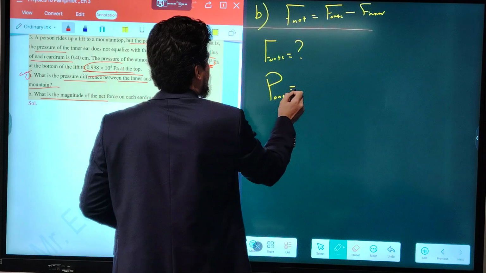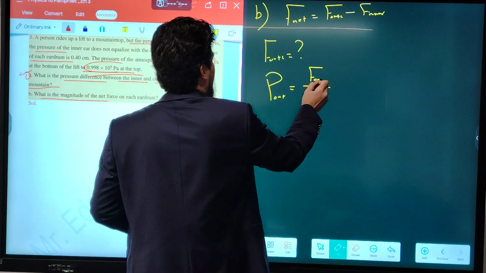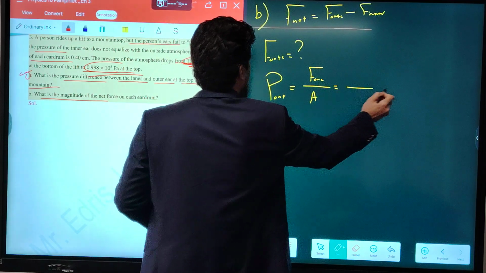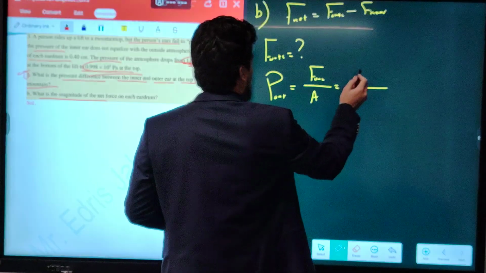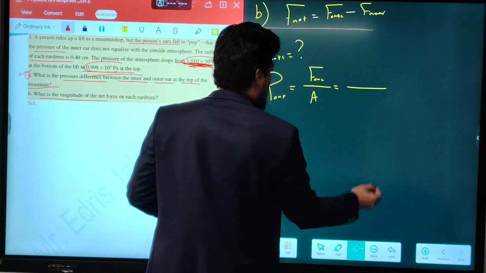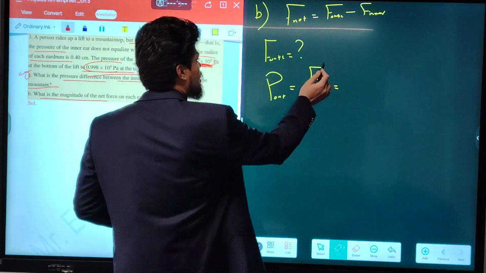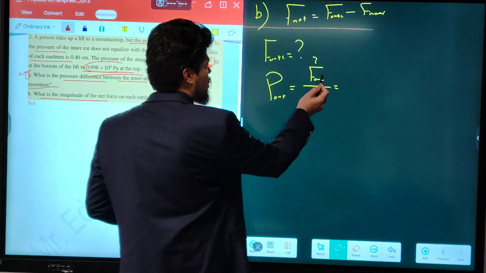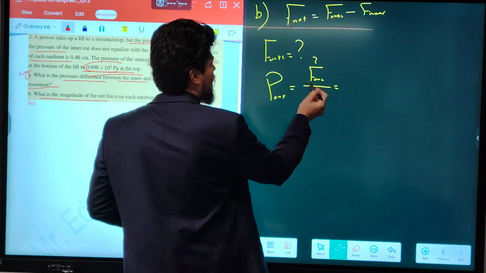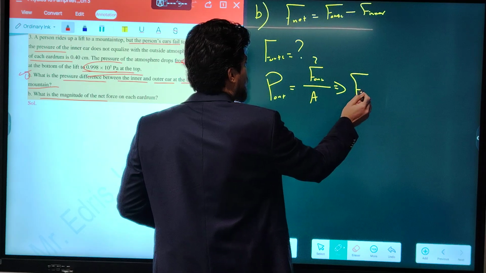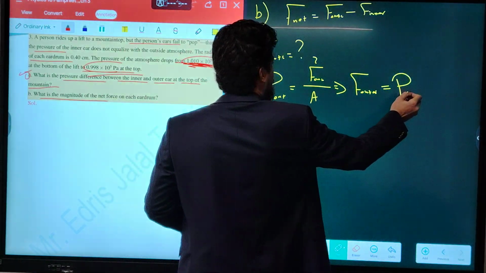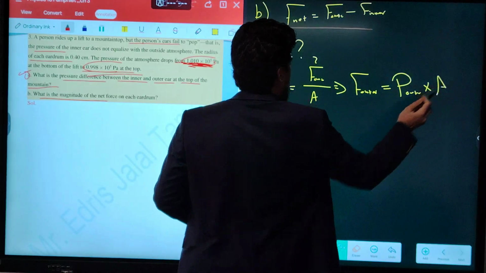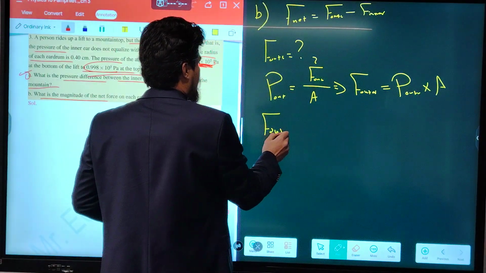P outer is equal to the outer force divided by area. Area is the same at the bottom of the mountain and at the top of the mountain. The outer force is unknown. How can you rearrange this equation to determine this force? Of course, we can rearrange it to find the force of the outer ear, which is equal to P outer times area.